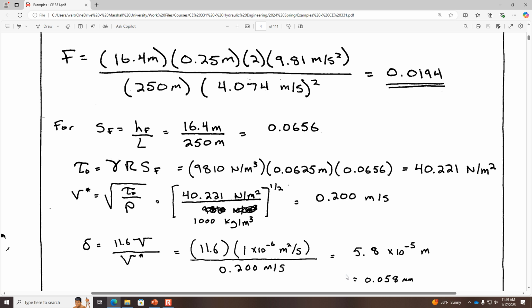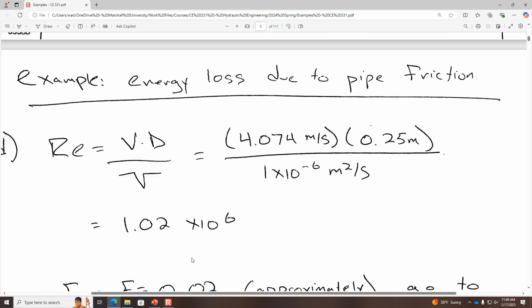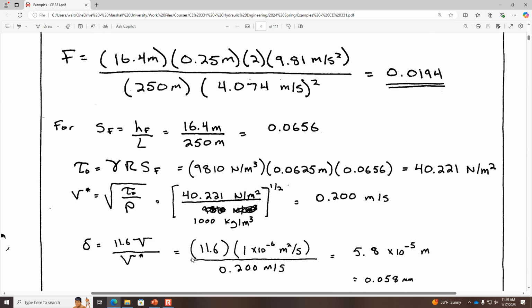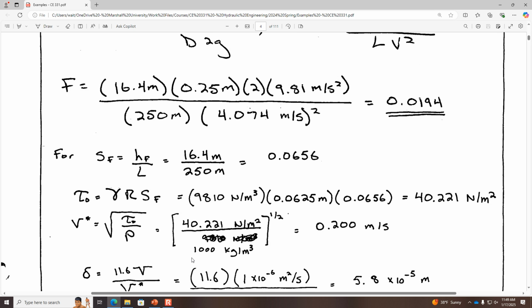If we multiply that by 1,000, the thickness of the boundary layer is 0.058 millimeters. So it's a pretty small boundary layer. And then the last thing we wanted to know, determine the pipe material. We're out of time. We'll do that another time, or maybe not at all.